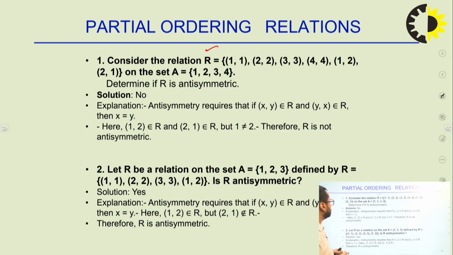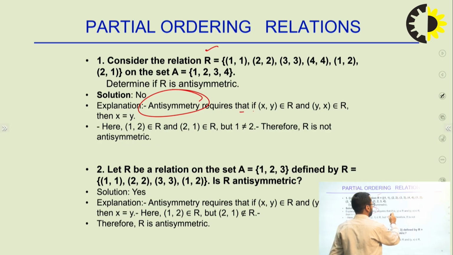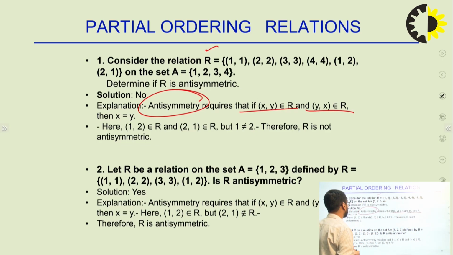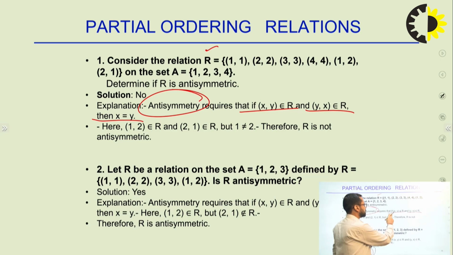For that, we know very well that according to the property of antisymmetry, if (x, y) belongs to R, then if (y, x) is also present, then x should be equal to y, then it is known to be antisymmetric. Otherwise, if (x, y) belongs to R, then (y, x) should not be present, that is antisymmetric.